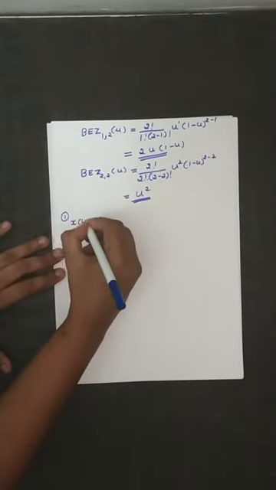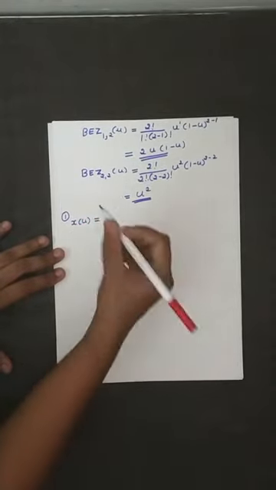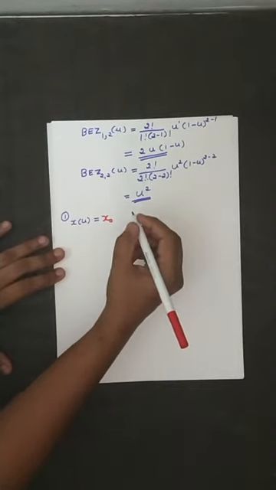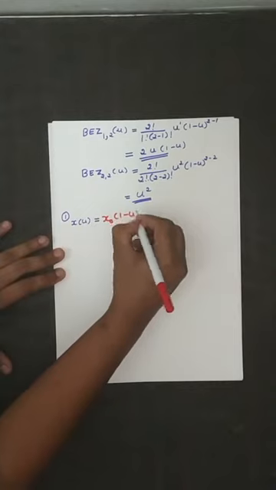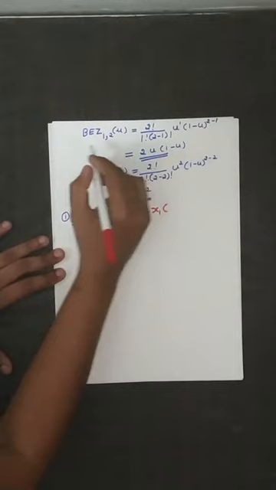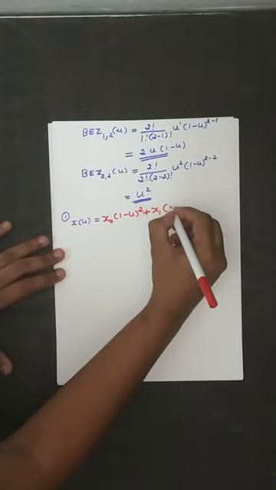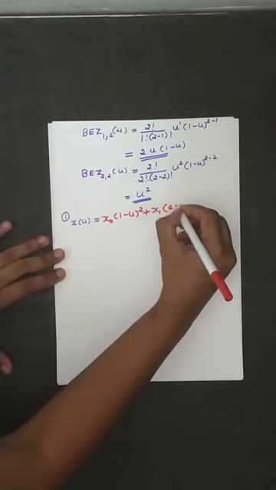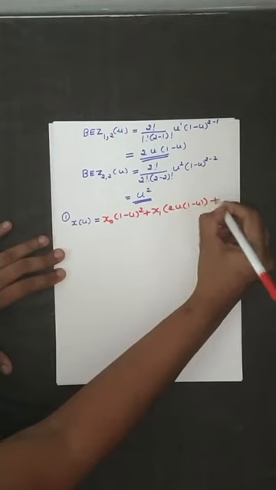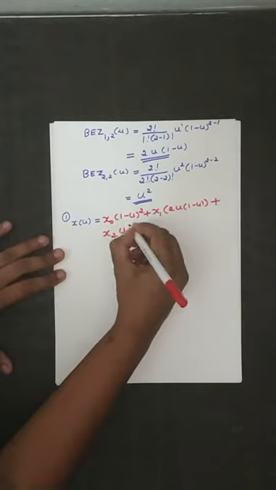So x of u is x naught times Bezier 0, 2, which is 1 minus u whole square, plus x1 times Bezier 1, 2, that is 2u into 1 minus u, plus x2 u square.